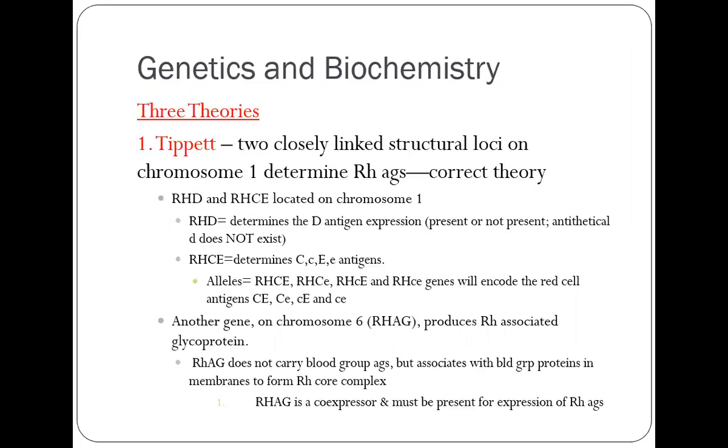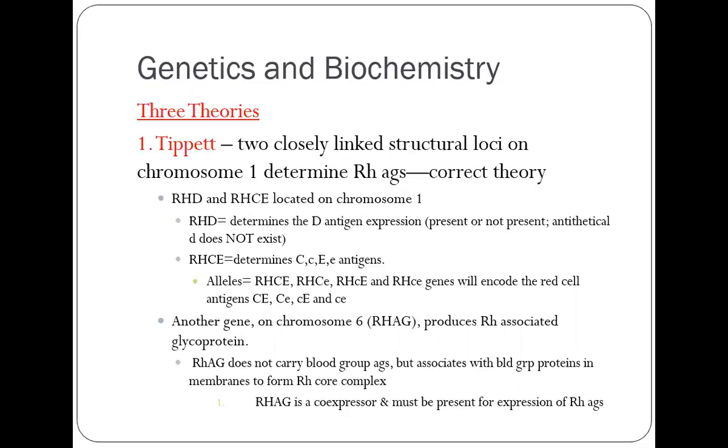And this is actually the correct theory. It truly does describe how our Rh antigens are inherited, but I'm going to talk about two others that were originally thought about, because they are used more for the nomenclature, or how we describe the phenotypes. We'll get into that in the next two slides, but this is the actual correct theory.